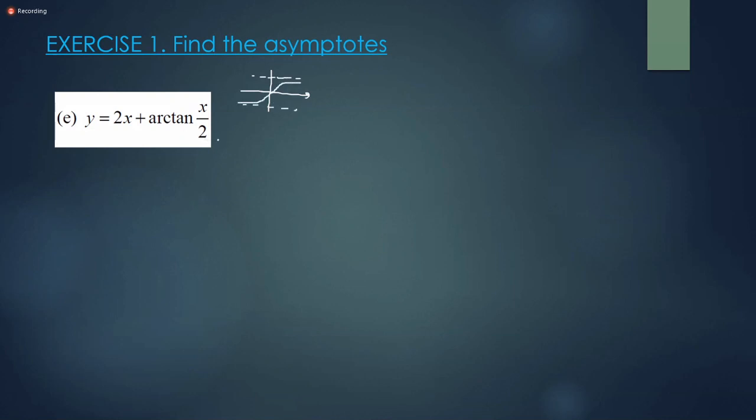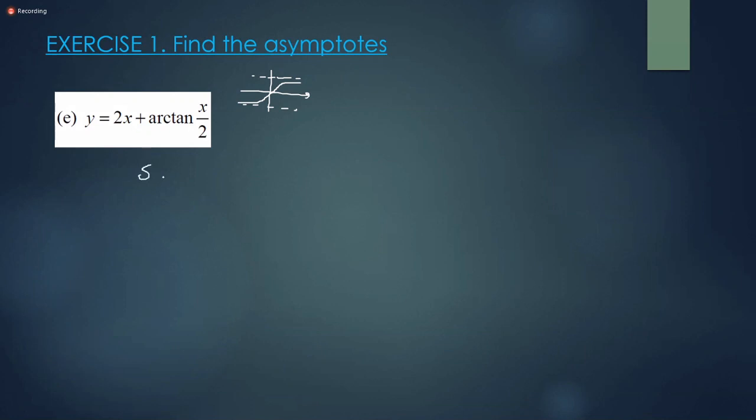Because it's x over 2, it might be a little bit more stretched out horizontally. But arctangent function generally looks like this. But here we have 2x plus this. So evidently, there is no vertical asymptote because the function is defined for all values of x.